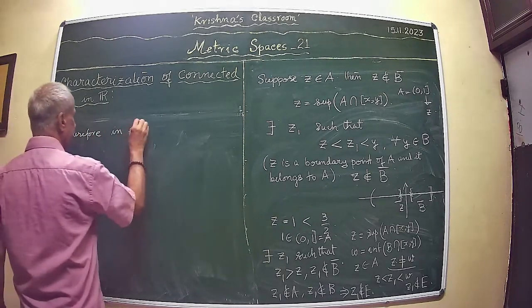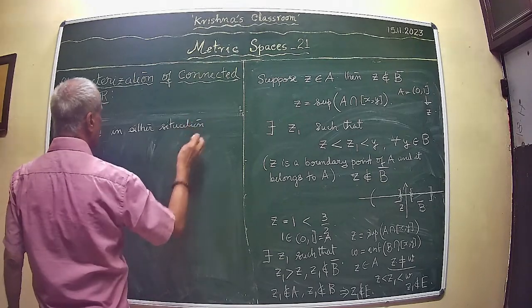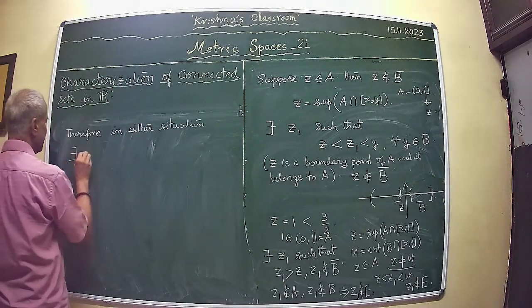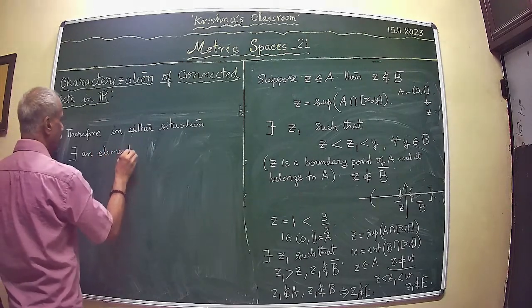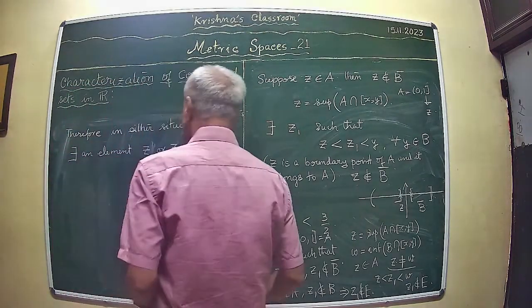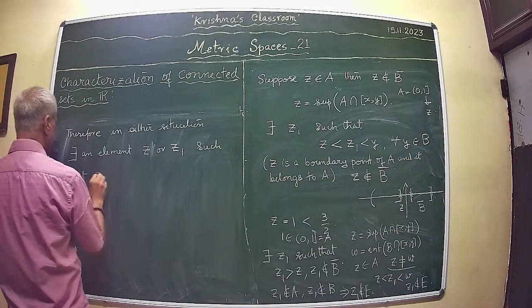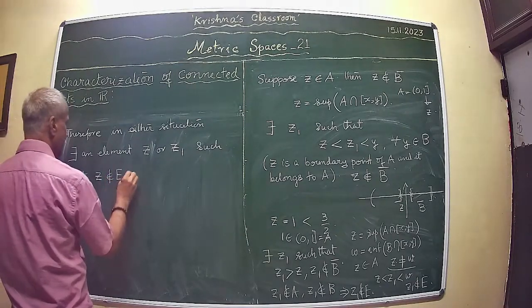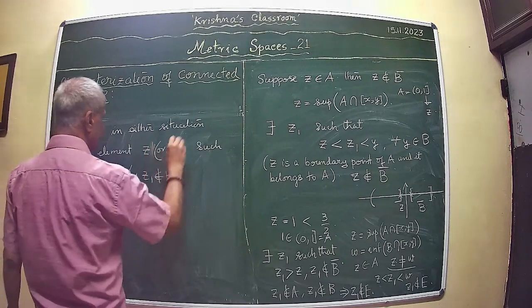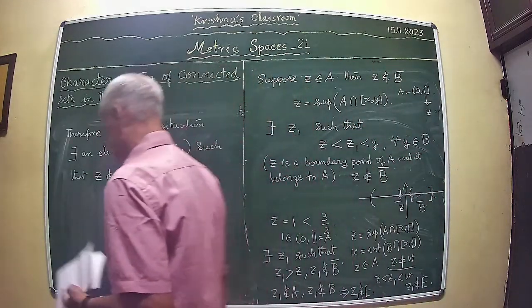in either situation, there exists an element Z1 such that, so this is the alternative. Okay, that is the E is not connected.